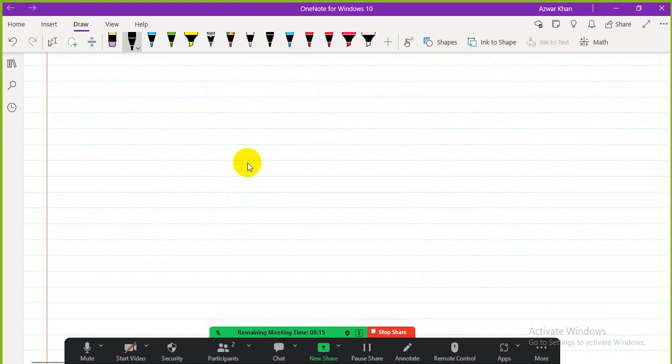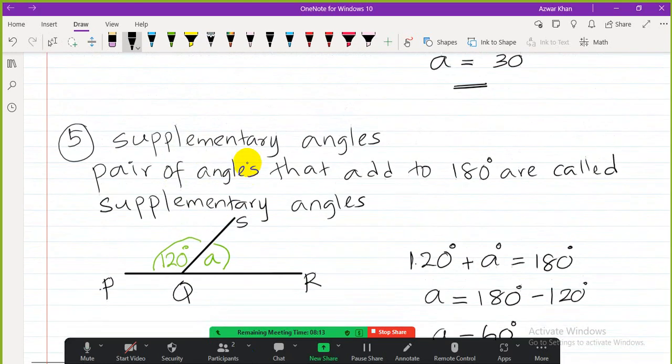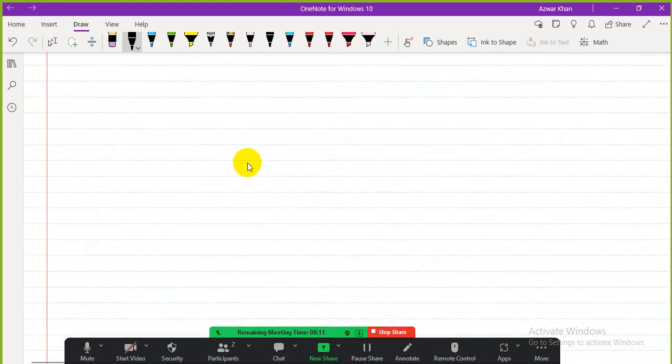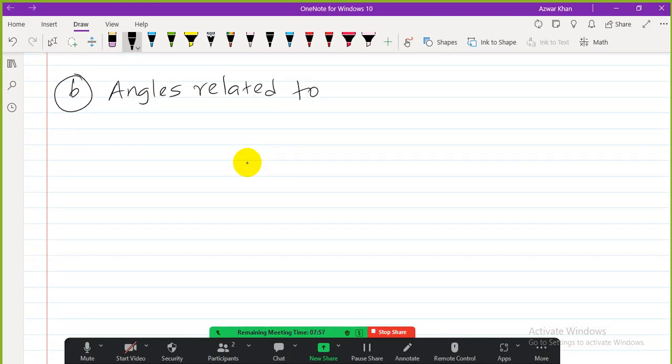So let's write that down. The sixth one: angles related to parallel lines.